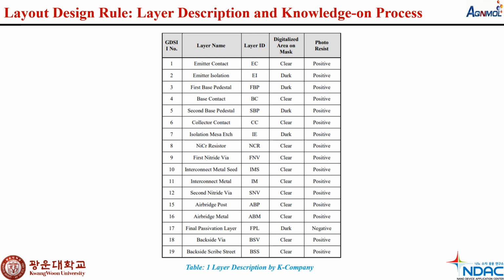For the layer IDs, I have just summarized some of the layer names: emitter contact and emitter isolation, first base pedestal, base contact, second base pedestal, collector contacts, isolation mesa etch, nickel chromium resistor, first nitride via, interconnect metal sheet, interconnect metal, second nitride via, air bridge post, air bridge metal, final passivation layer, backside via, and backside scribe street.